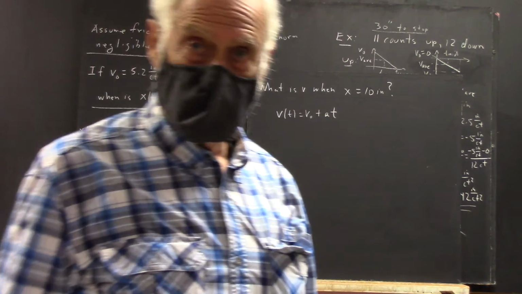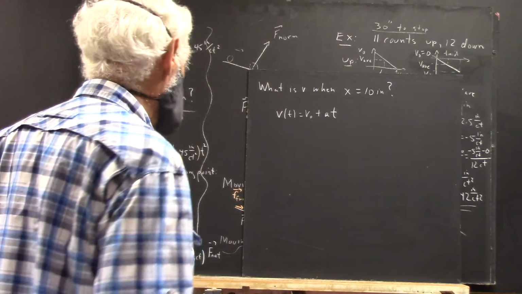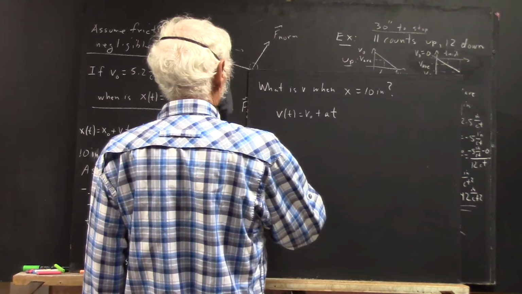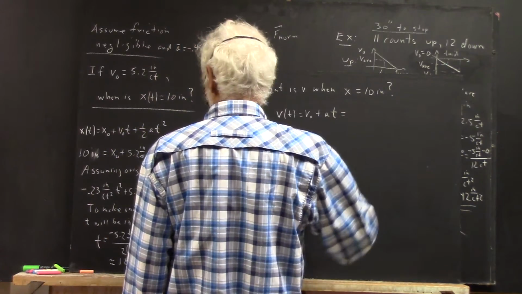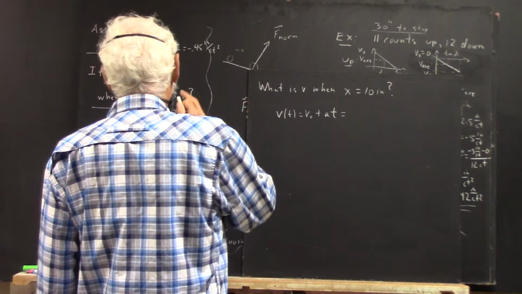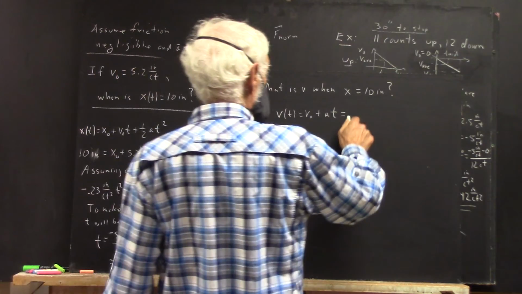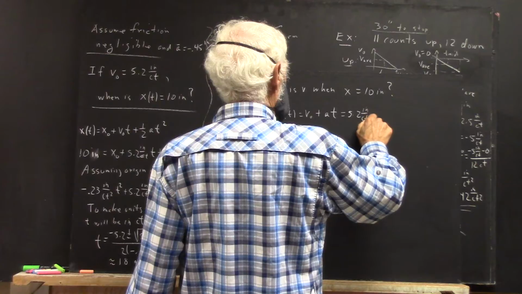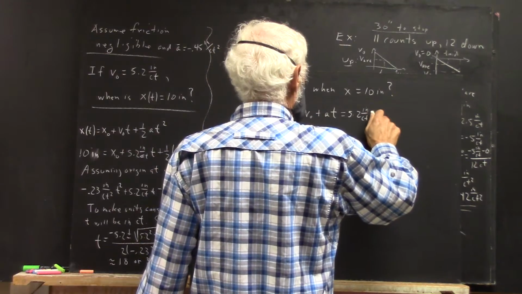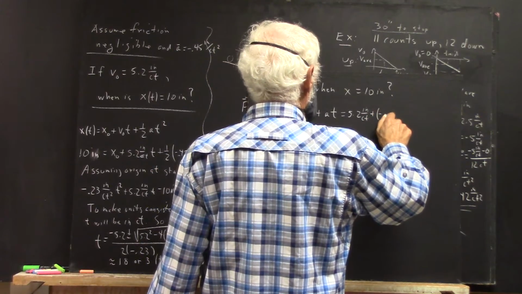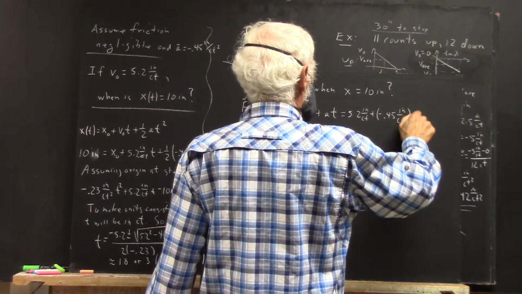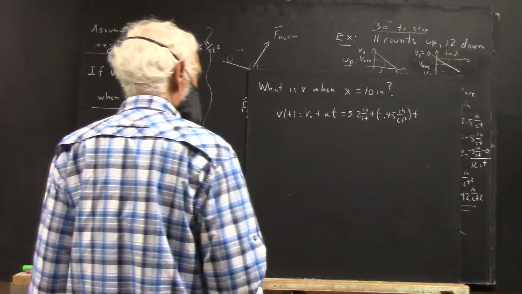I believe that's one of your equations. If it's not, you find another one. Your velocity is going to be 5.2 inches per count plus your negative 0.45 inches per count squared times t.